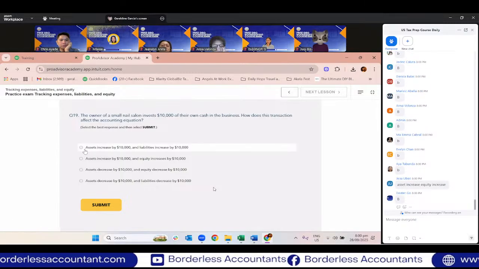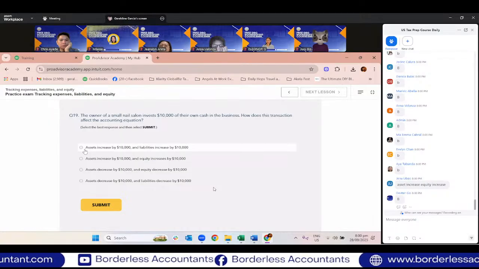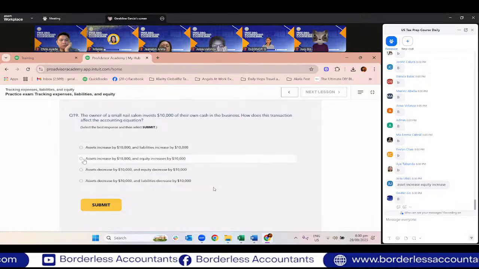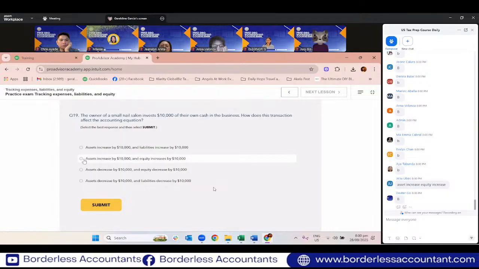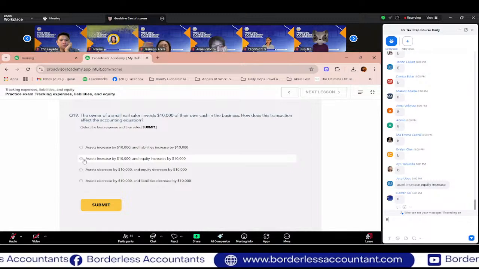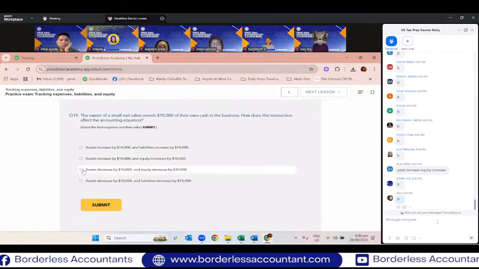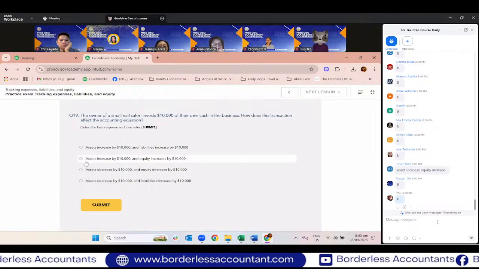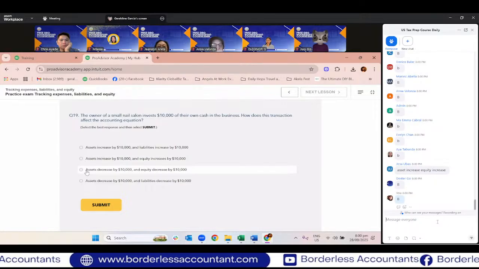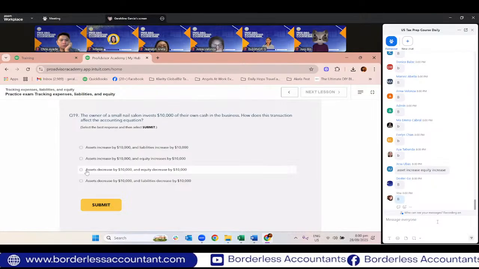Assets increased by 10,000 and liabilities increased by 10,000. So this is not a liability, so that's out. Assets increased by 10,000 and equity increases by 10,000. I think that's the one that fits the transaction. Assets decreased by 10,000 and equity decreased by 10,000.